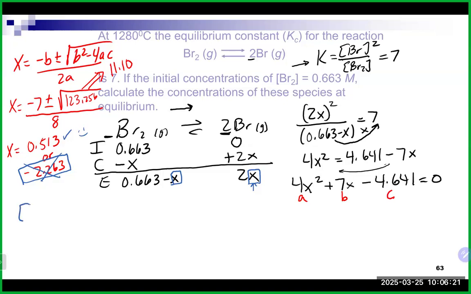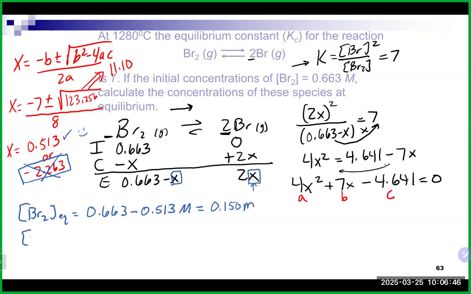So that would mean the concentration of Br2 at equilibrium would equal 0.663 minus our x value, 0.513. And by the way, these are molarity as we're doing concentrations here. So 0.663 minus 0.513, going to give us 0.150 molar.